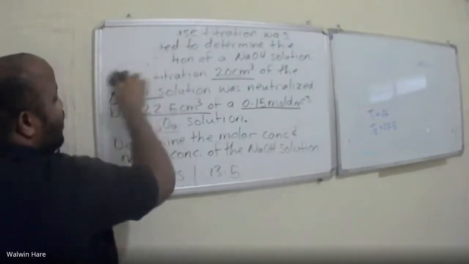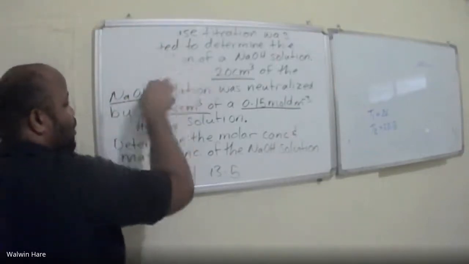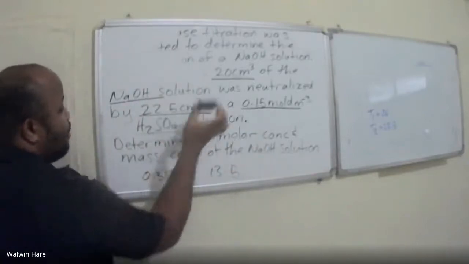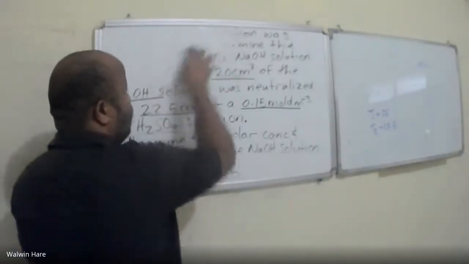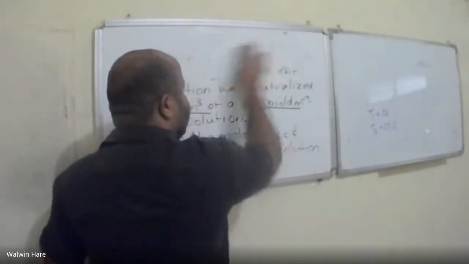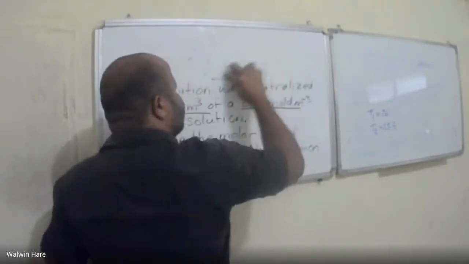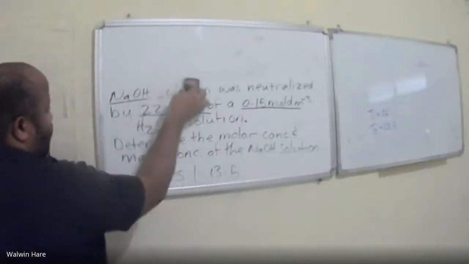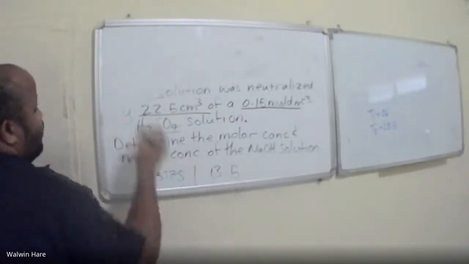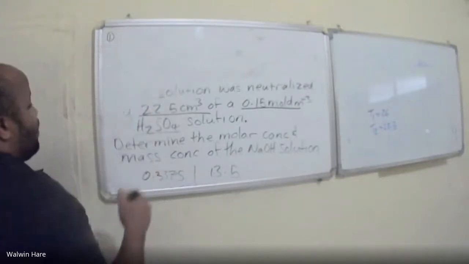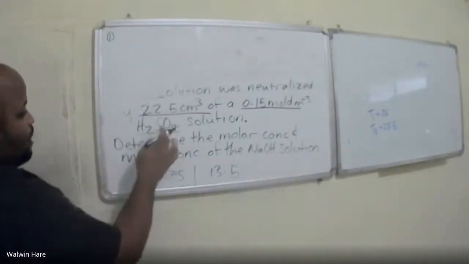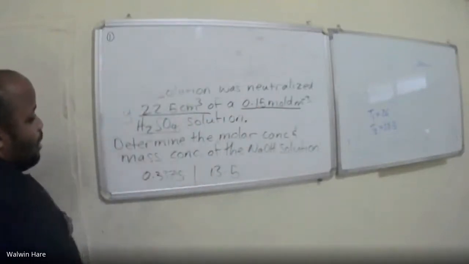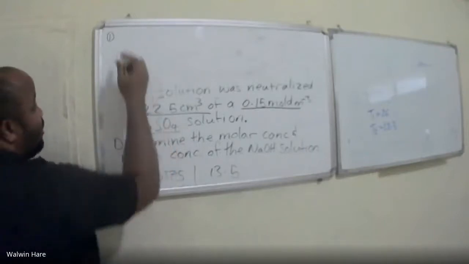So remember what I said earlier, in every titration question, you will get the concentration and the volume for one of these substances. First step, whichever substance you get both concentration and volume for, we're going to find the mole, and that is sulfuric acid.